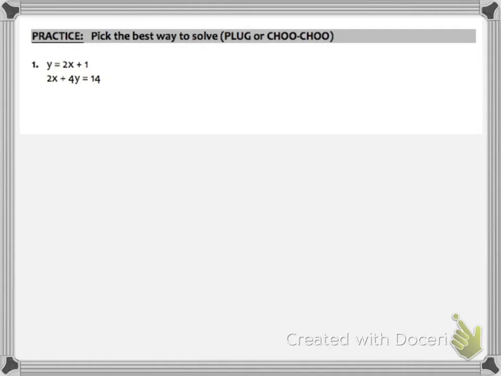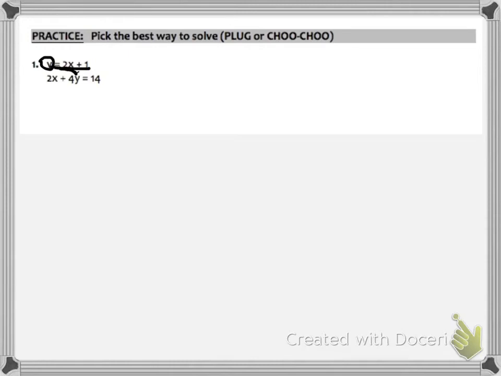So in this case here, we have y equals 2x plus 1 and 2x plus 4y equals 14. I have one equation that's already in y equals and another equation that's in standard form. In this case here, I'm just going to plug in 2x plus 1 wherever I see y in the second equation.